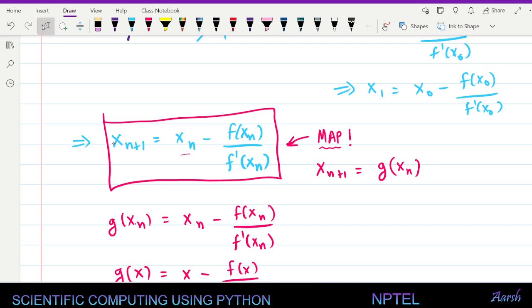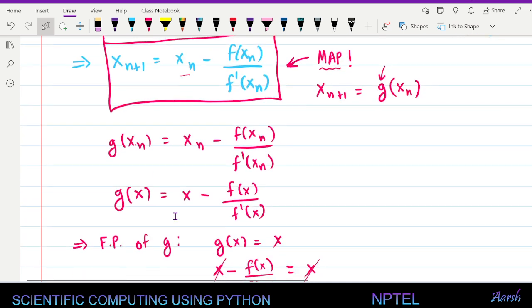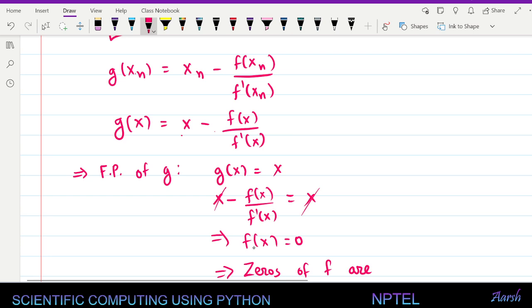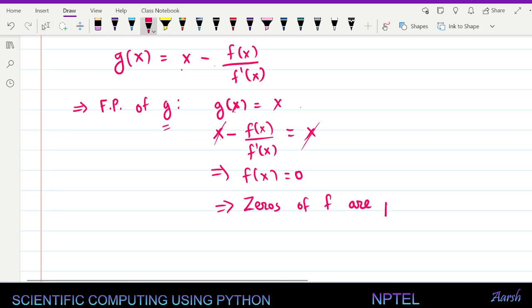If you denote that map by function g, then the functional form of this function g is x minus f of x upon f prime x. And then we can find the fixed point of this map g, which is the set of solutions of the equation g of x is equal to x. And when you solve it, you get that f of x is equal to 0, which means zeros of f are fixed points of g. Maybe I should write fixed points.